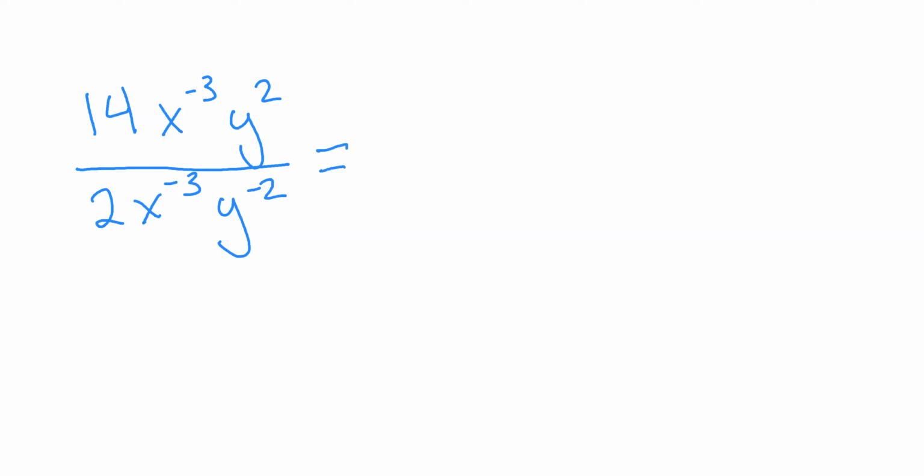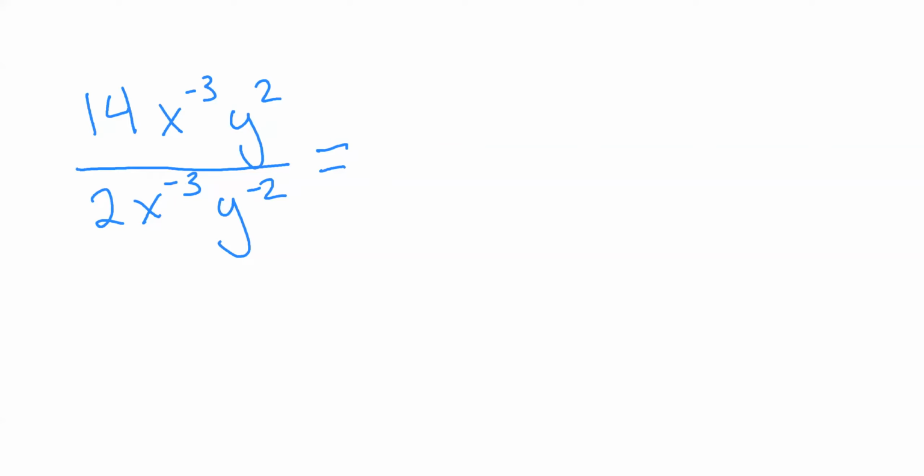So when we are multiplying by something to a negative power, it really means we should be dividing by it, and vice versa. So these negative exponents need to switch where they are. But in this case, since we have an x to the -3 on the top and the bottom, we can just cancel those out.